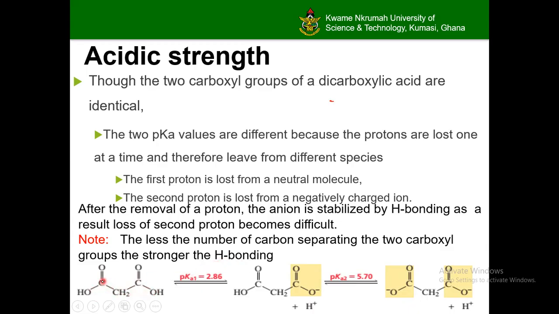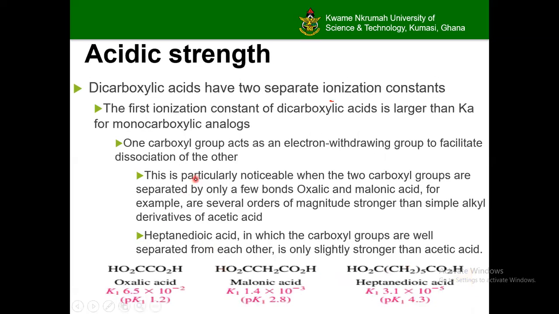If the chain becomes longer, the two carboxyl groups will be far apart, so the bonding is not really enhanced, right? But if they are closer, that is, if we have fewer carbons, then the bonding becomes very strong, and in that case will result in a higher difference between pKa1 and pKa2.